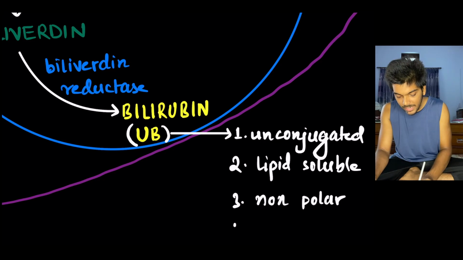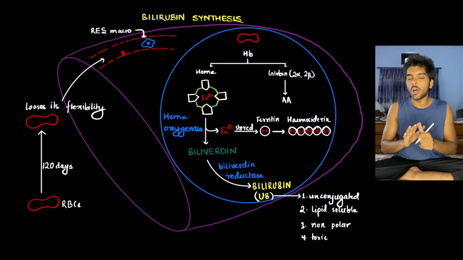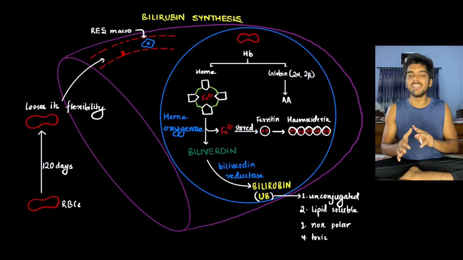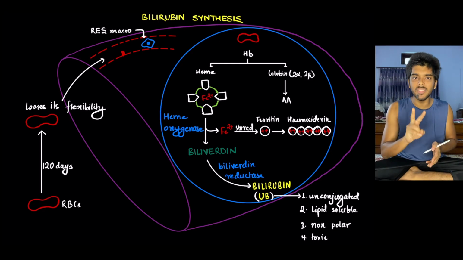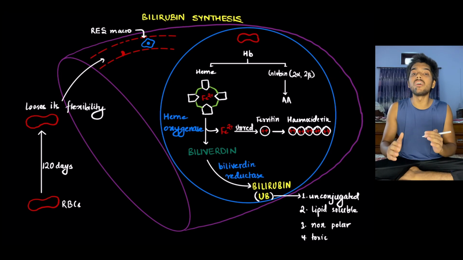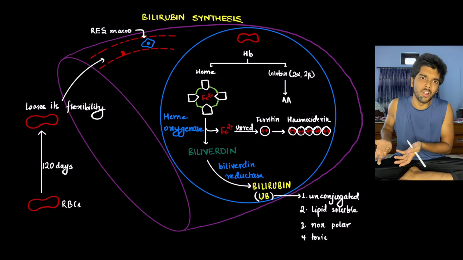And number four, it is toxic. Remember the 4 points. It is unconjugated, it is lipid soluble, it is non-polar, it is toxic. See, actually the property is just two. One, that it is lipid soluble, and another that it is toxic. It is lipid soluble because it is unconjugated, and lipid soluble are non-polar.